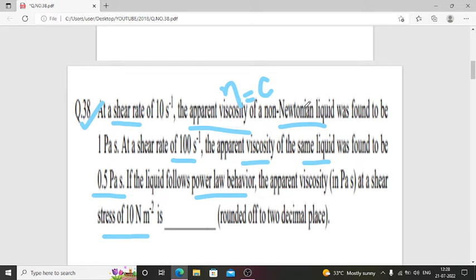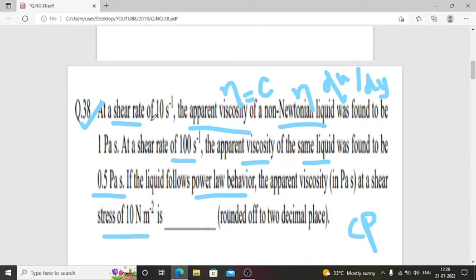But for a non-Newtonian fluid, the apparent viscosity eta depends on the shear rate. Shear rate is denoted as du by dy. The unit of apparent viscosity is Pascal second, but centipoise, denoted as cP, is frequently used in practice.